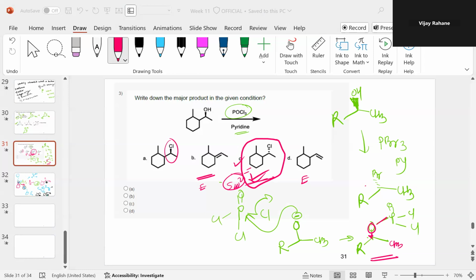Question 9 is based on the major product forming in the following reaction, and you have given N3, PPh3. As you mentioned, I think we have discussed this question also. The answer will be C. Yeah, and then question 11.